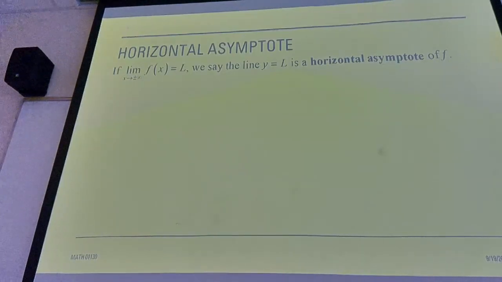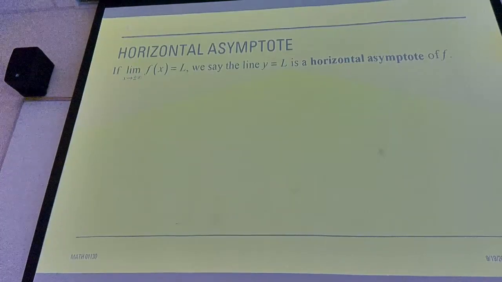Slant, or oblique. Same kind of idea. If the function is leveling out to a diagonal line, y equals mx plus b, then that would be a slant asymptote.